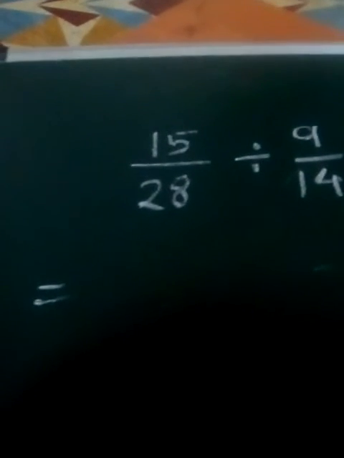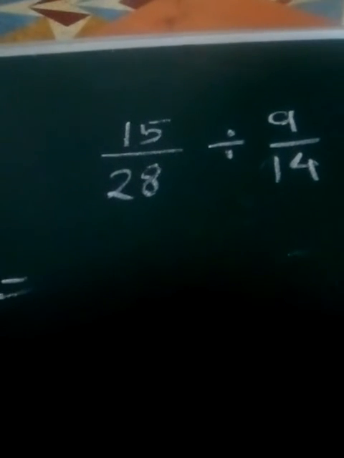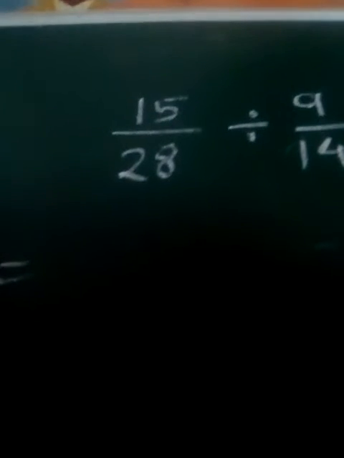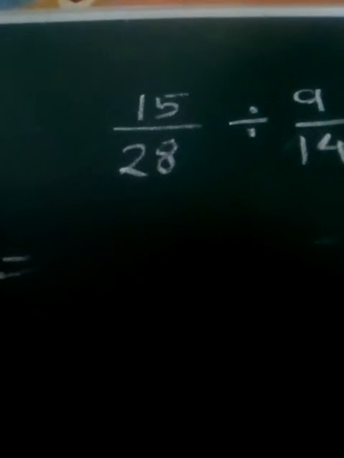Now what is the first step? Dividing is multiplying by reciprocal.